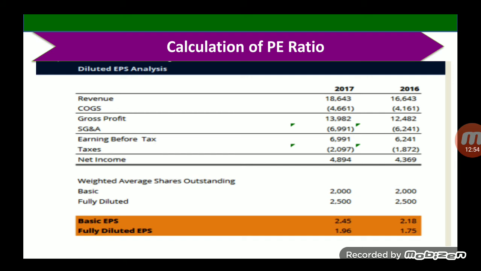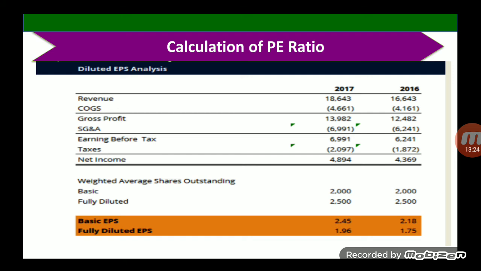Here is the data of 2017 and 2016. In the first column, revenue is given here, that is 18,643, and in 2016 it was 16,643. Gross profit is given, earning before tax is given, and net income is given in the last row.